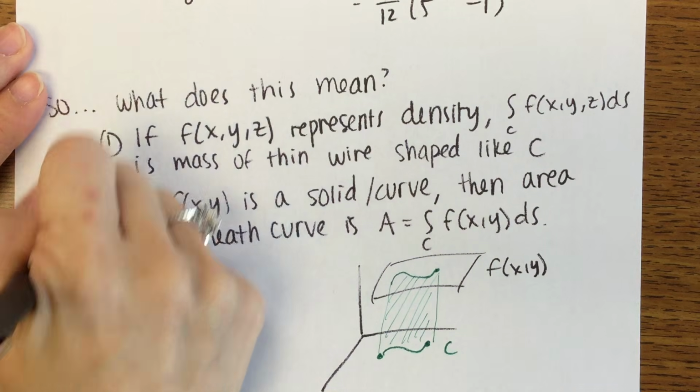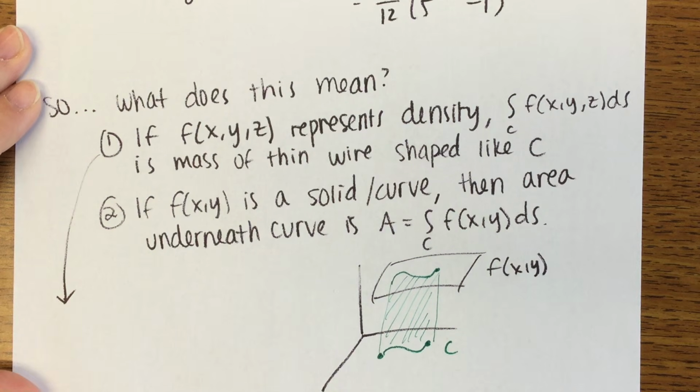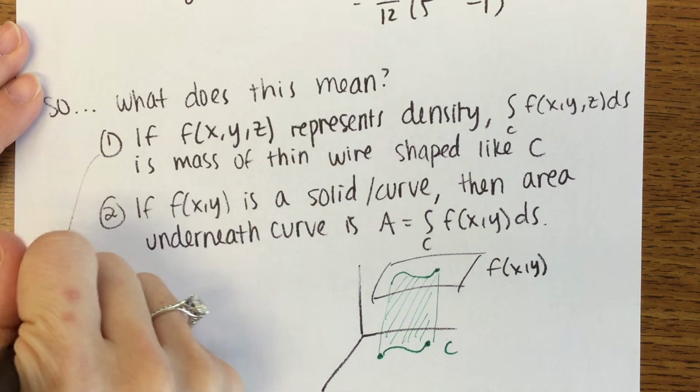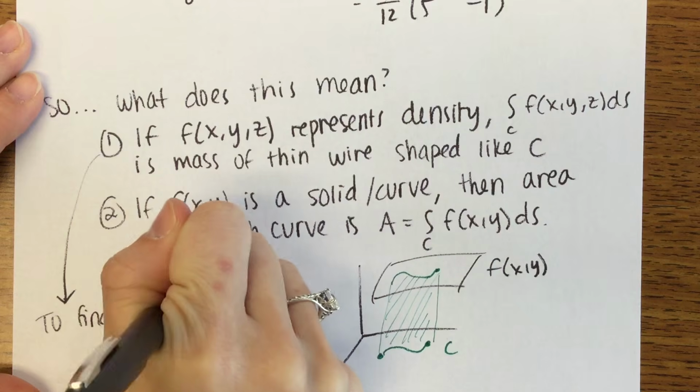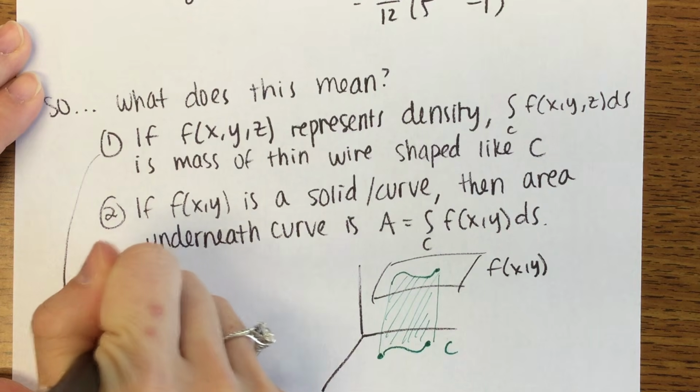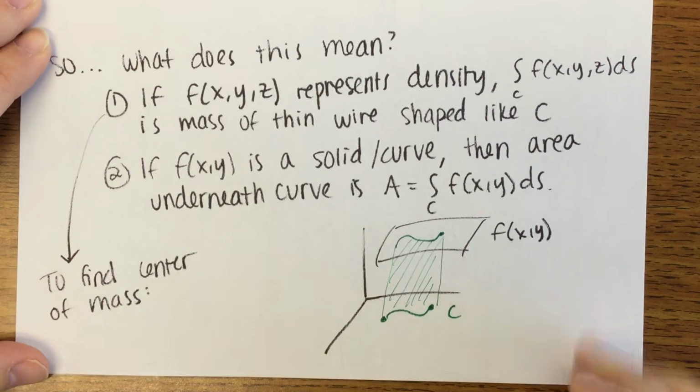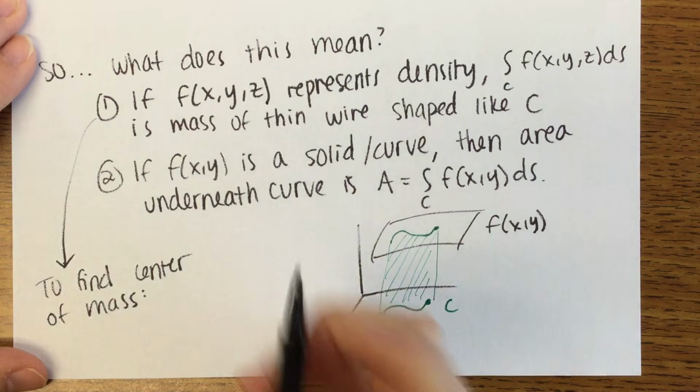One other thing for you to know, related to question 1, we are still finding centers of mass. It's going to be almost exactly the same as what you did before.